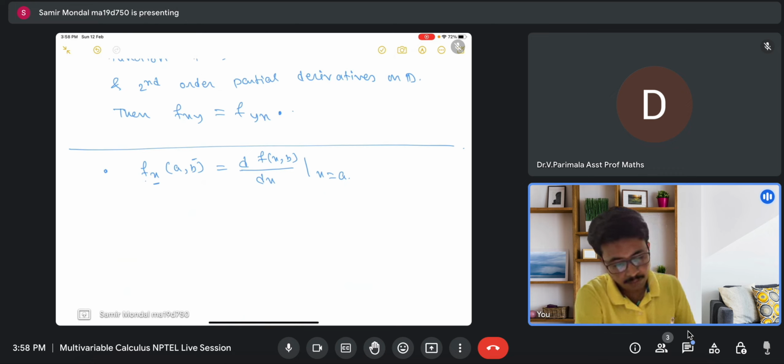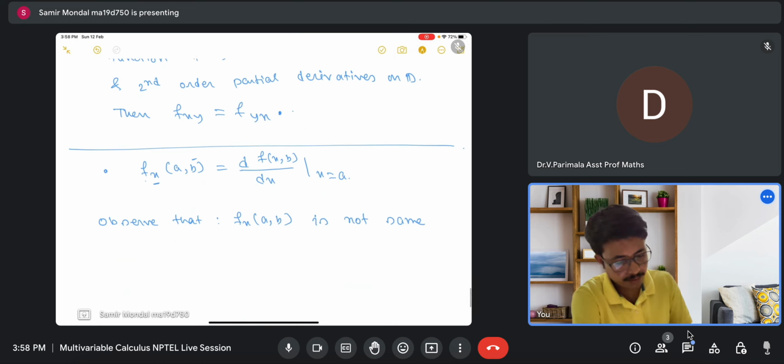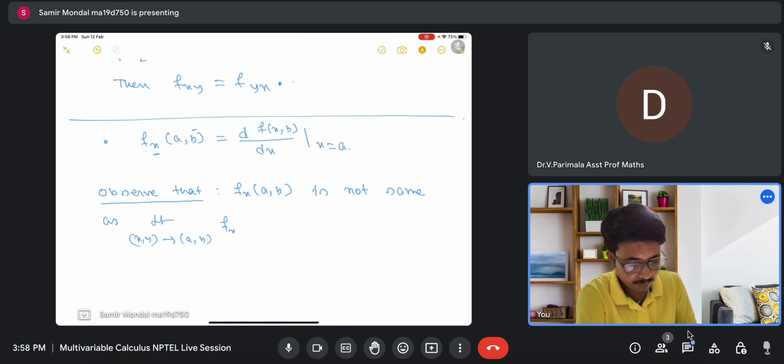But if someone observes, we can see that f of x, y is not the same as the limit as (x, y) tends to (a, b) of f of x.